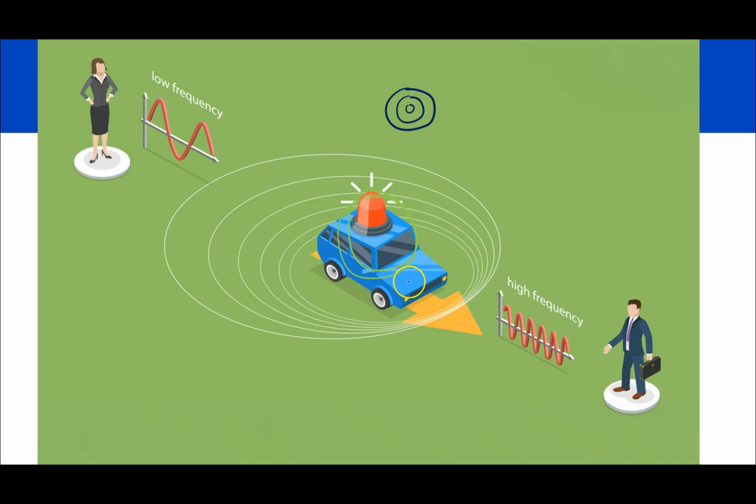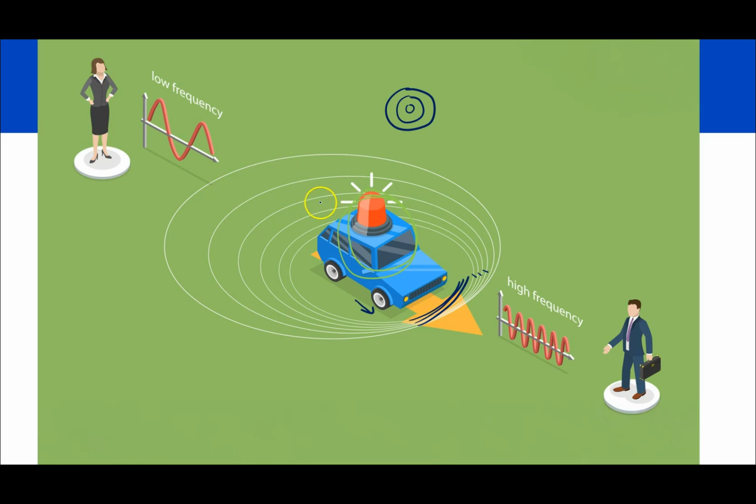But since it's moving, and we know sound moves at 340 meters per second, the sound is getting more compressed over here. Because it's getting more compressed, that means there's a shorter wavelength. And with that shorter wavelength, it's going to be a higher frequency and the pitch is also going to be higher.